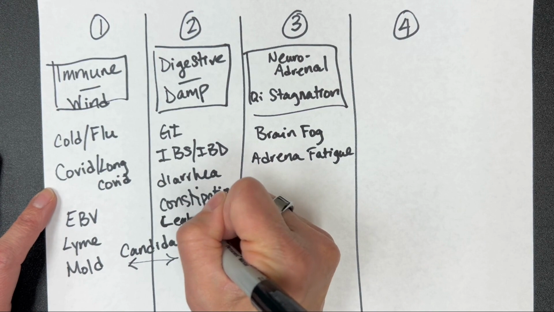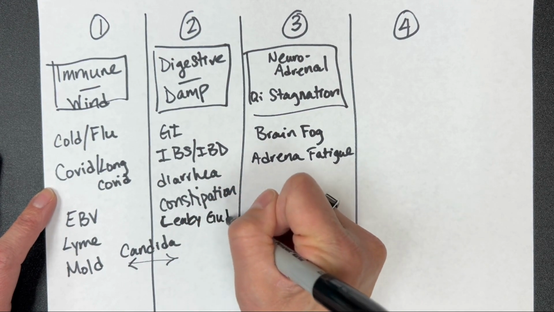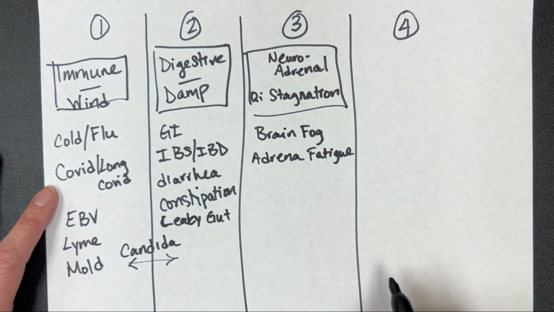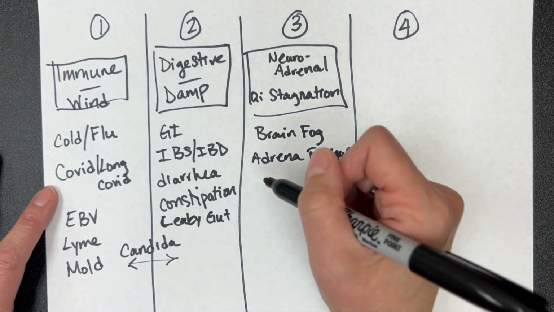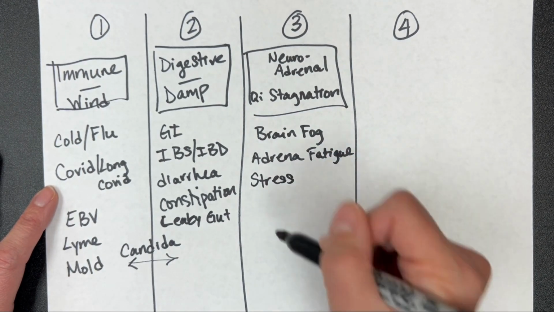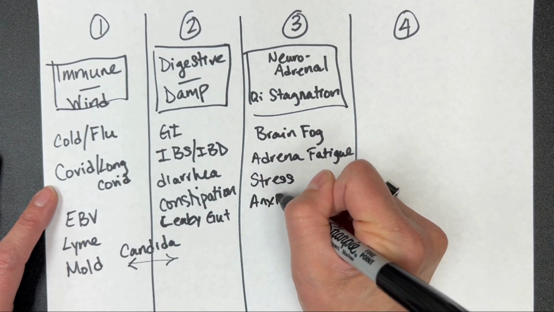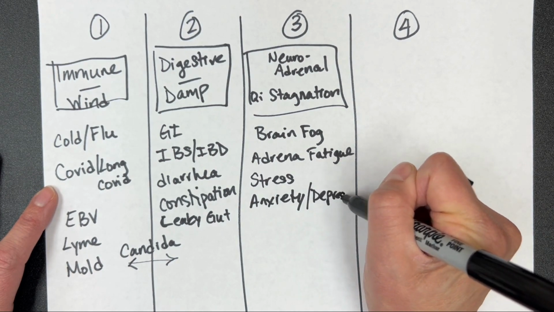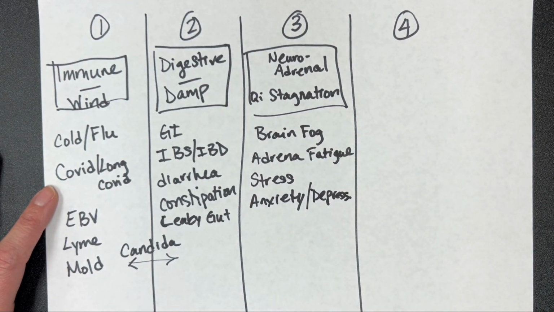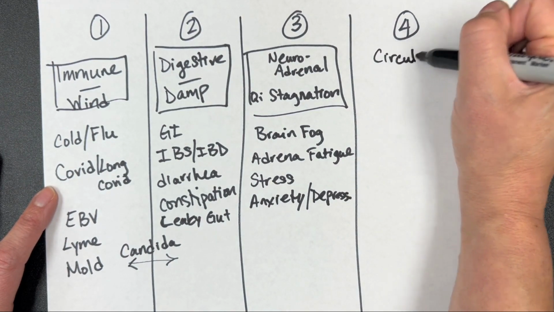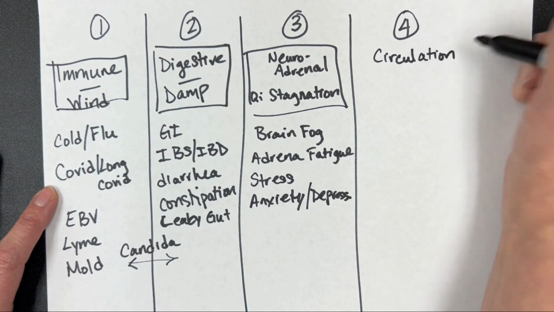This is like leaky gut in stage 2. Brain fog, adrenal fatigue. These are going to be some of those neurologic symptoms. So stress is a biggie. And anxiety, depression fall into this category.